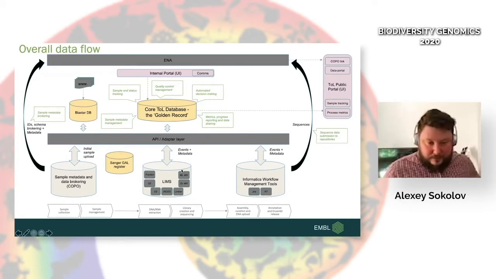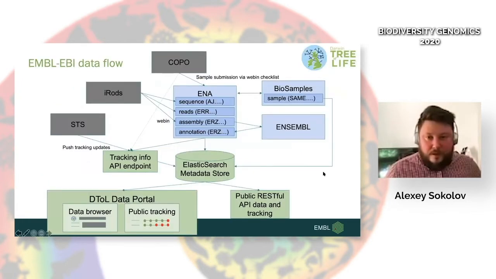Next step is the experiment itself. So it's DNA, RNA extraction, library creation, sequencing, and metadata will also be collected here. And finally are the results of the experiment. So it's raw reads, mapped reads, assembled sequences, and so on. And this also will be submitted to the ENA archive.